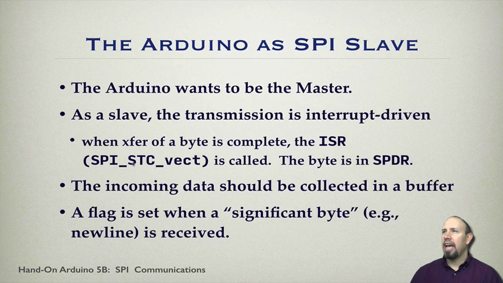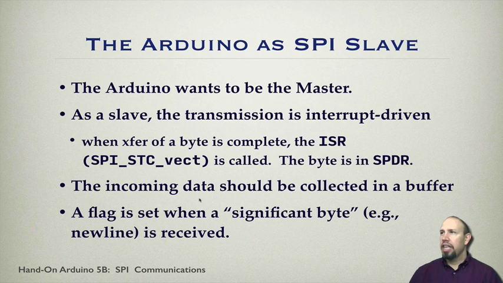It seems kind of weird that it would be SPI since there's already an SPI there, but anyway, I didn't make that name. This is the interrupt vector, or interrupt service routine name, that needs to be defined. The byte that is transmitted is put into the SPDR, the SPI data register.